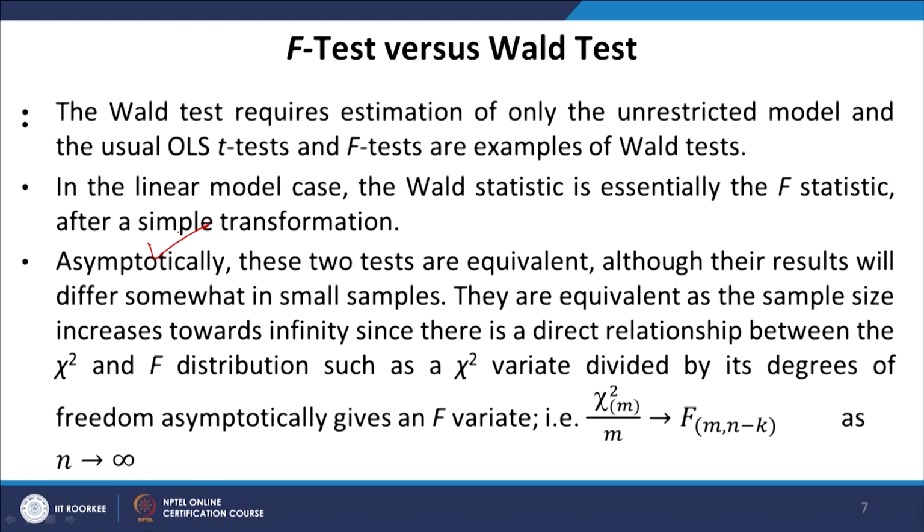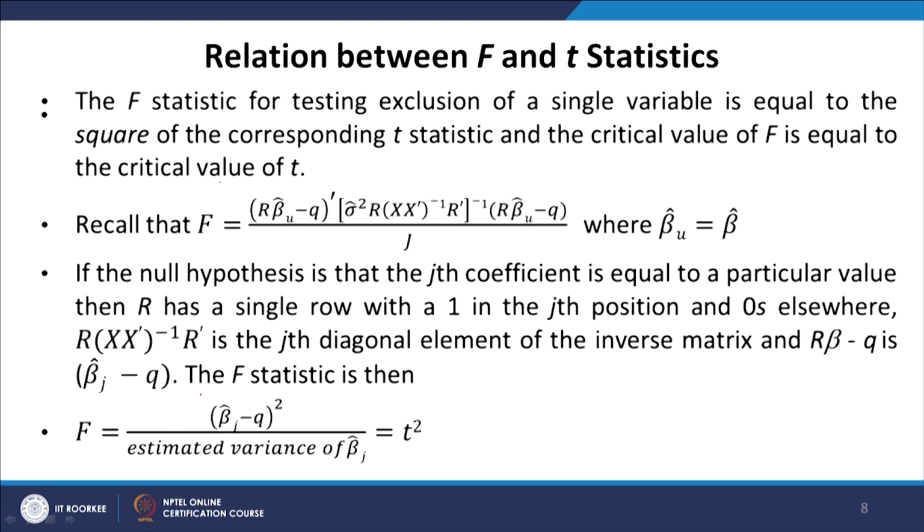They are equivalent as the sample size increases towards infinity, since there is a direct relationship between the chi-square and F distribution, such that a chi-square divided by its degrees of freedom asymptotically gives an F variate. So, chi-square distribution divided by its degrees of freedom gives us an F distribution asymptotically, that is when n tends to infinity.